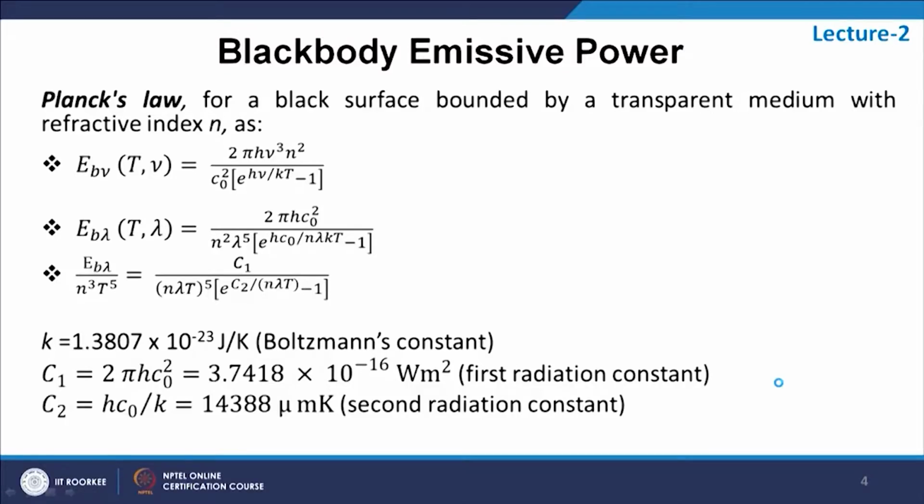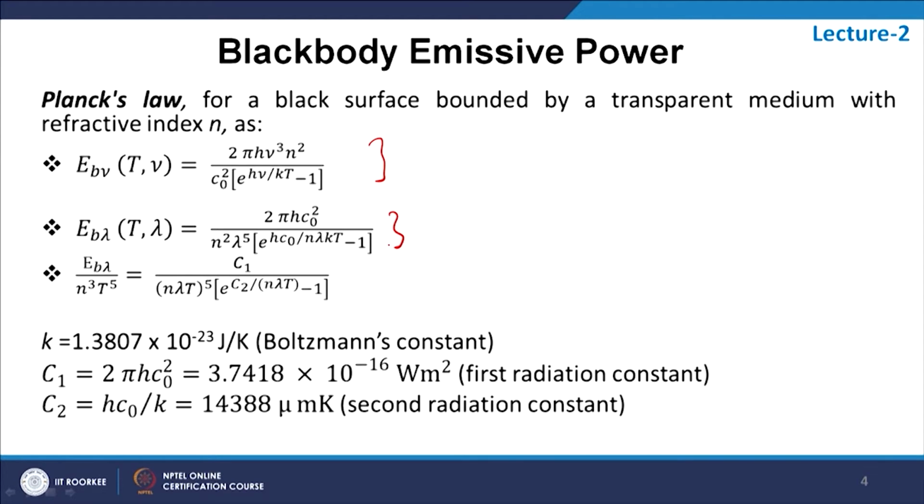Lord Rayleigh, Jeans, Wien, a lot of scientists tried to explain how solar radiation behaves, and then later on Max Planck came up with a mathematical relation which we now know as the Planck function or black body emissive power. This relation is given in frequency and also in the wavelength region.